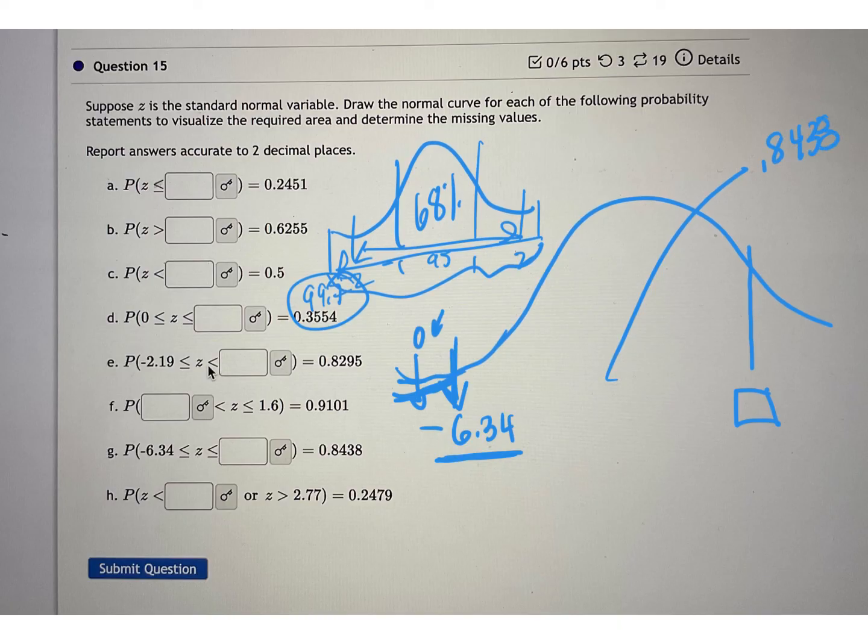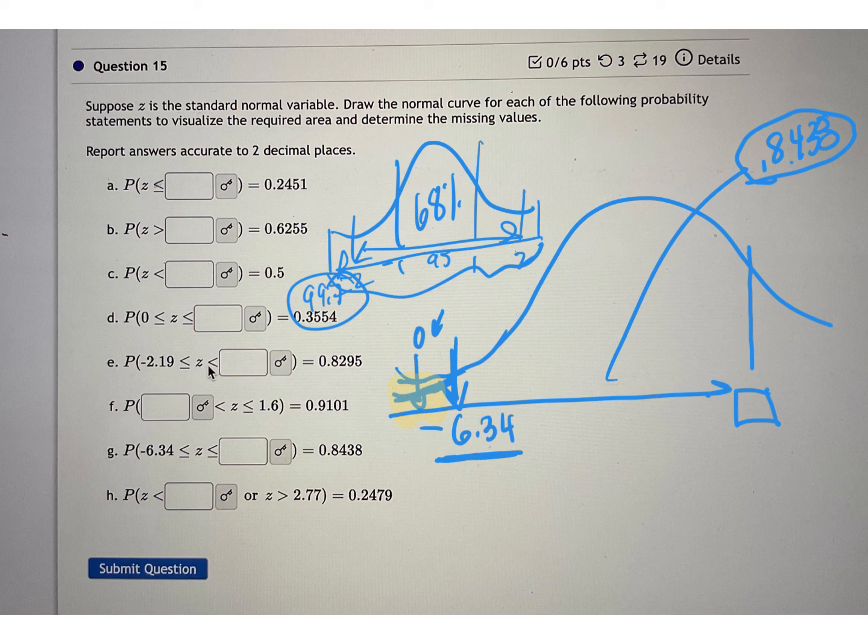Now, technically, I could use normal CDF and find this area down here, and then add that area to this up here, and then use inverse normal with those combined areas to get here.